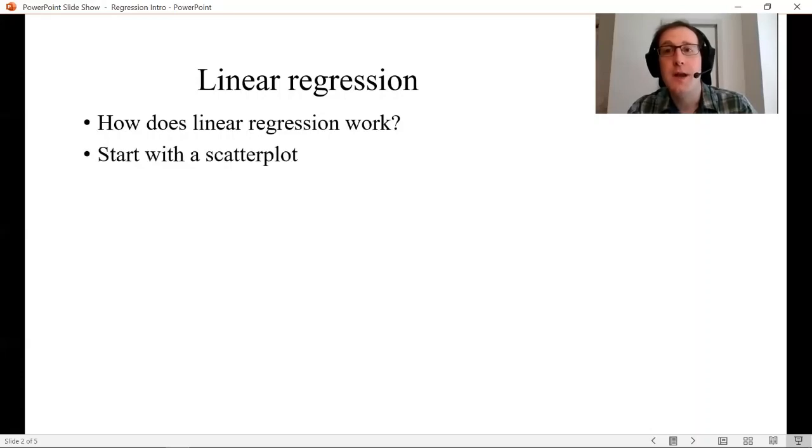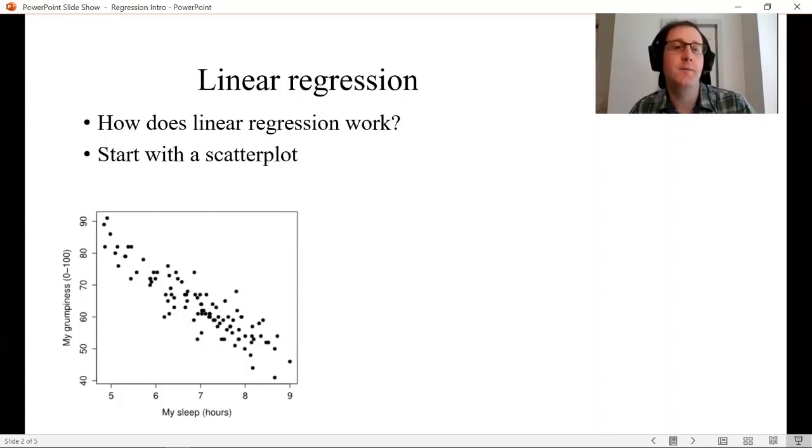You do start with a scatter plot, similar to what you have with the correlation. You'll recall that you put one variable on the x-axis and one variable on the y-axis, and then you plot all of those points. And each of those points represents a set of data, such as the data from an individual participant, where, for example, there was one person way down here, around 8.5 in terms of hours of sleep, and had grumpiness level probably somewhere around 41, 42, somewhere in the area.